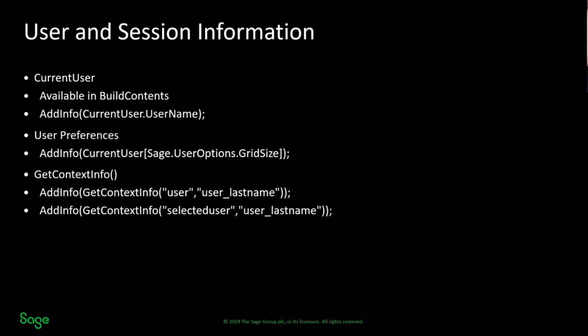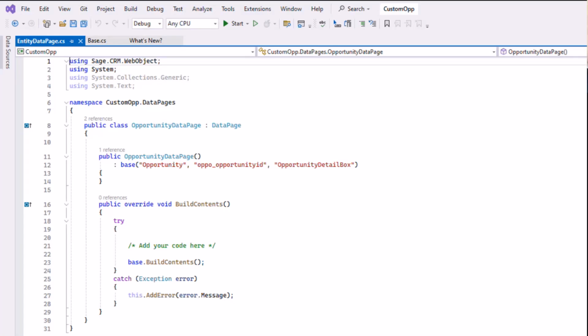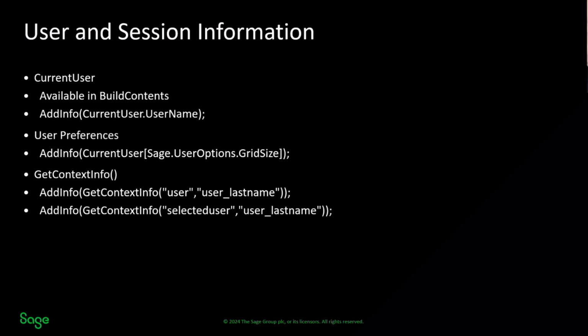And at all times within the build contents, which all of these specialized classes offer us, we can do additional work. So if we wanted to, we can get additional information or add additional information into the page.